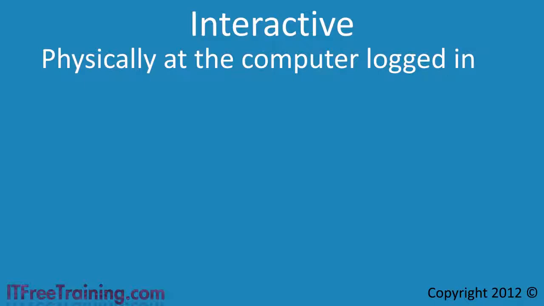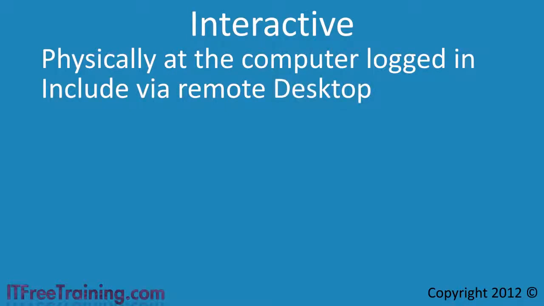As long as the account has enough rights to log on to the computer, it will be classified as Interactive. Interactive also includes connections that are established using remote desktop. Since remote desktop gives the user much the same desktop control as if they were in front of the computer, it makes sense to include connections made using remote desktop in the Interactive group.